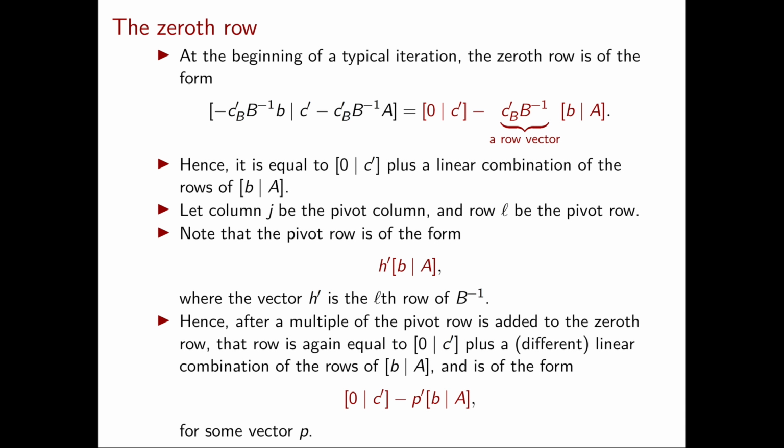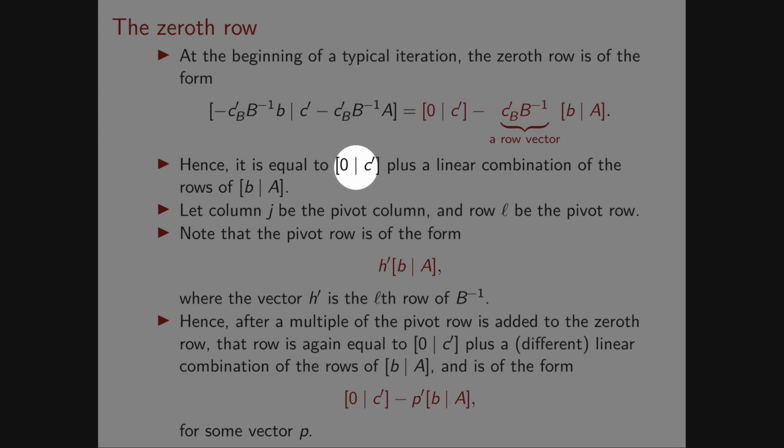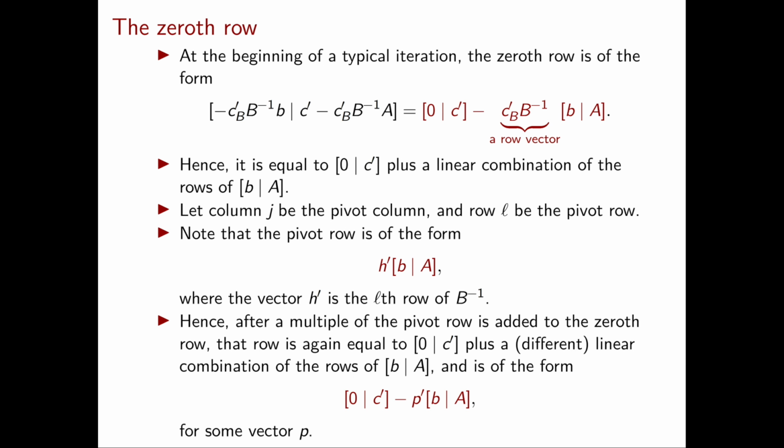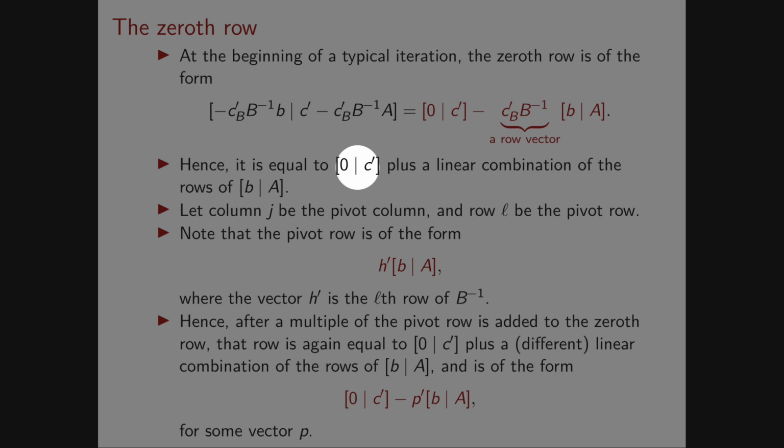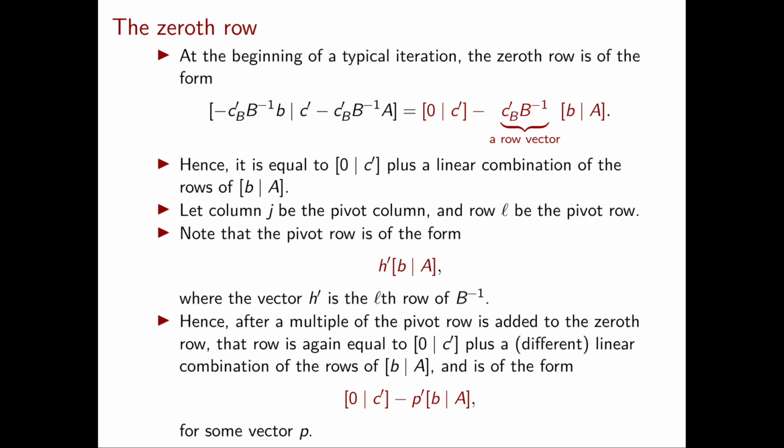Now, what I want to show you in this slide is that after performing the elementary row operations, in the 0th row, we will still have a similar structure. Namely, the 0th row will be, again, 0 C transpose plus a linear combination of the rows of [b A]. The difference is that the linear combination will be different, but the overall structure of the 0th row will be the same. So how can we see that?